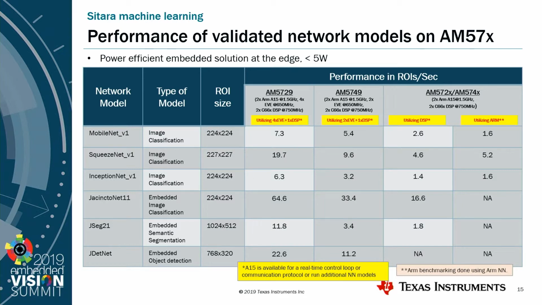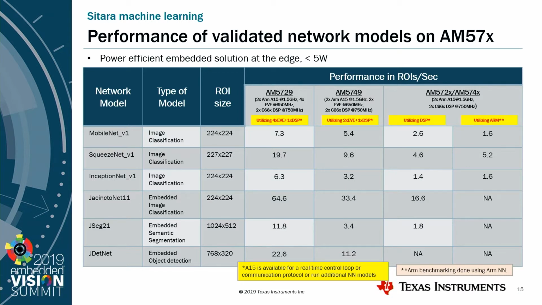So we can see that the TI network models can perform 64 ROIs per second for object classification compared to MobileNet, which can do 7.3 ROIs per second. So AM5729 is our highest processing device, which has the 4 EVE subsystems and 2 DSP cores.